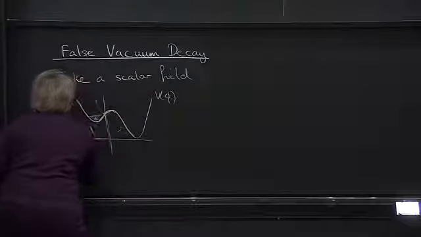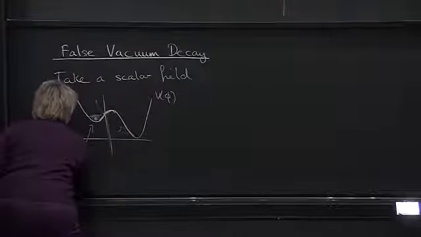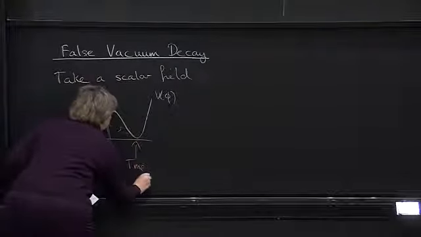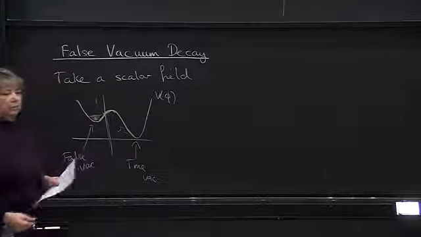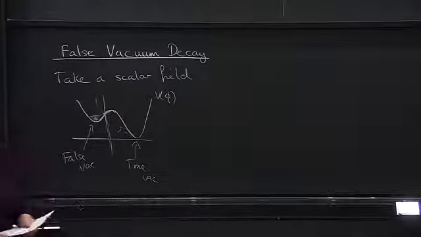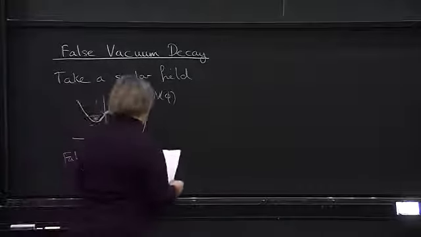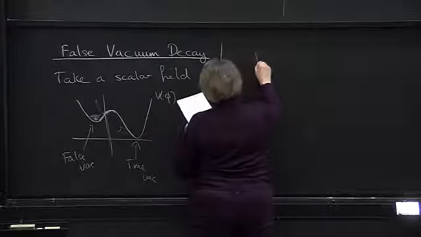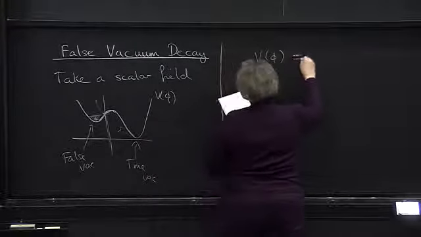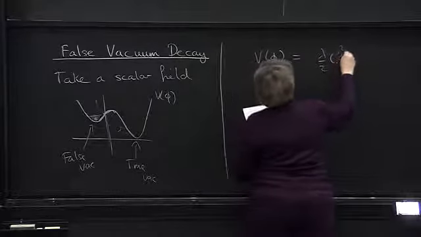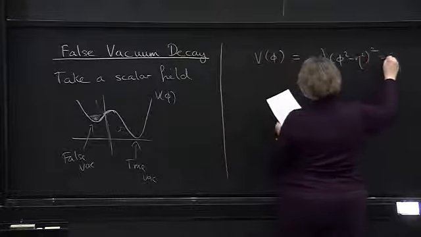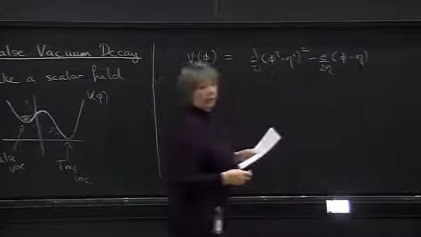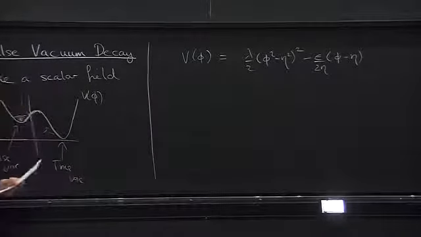So we call this the false vacuum, and this the true vacuum. And it's the false vacuum because it looks like a vacuum, but it isn't really the true vacuum of the theory. So what Coleman did was he considered a V of phi which was essentially a double well potential, but with a small tilt.